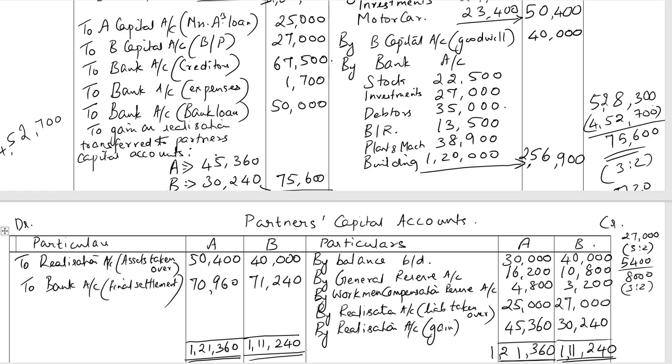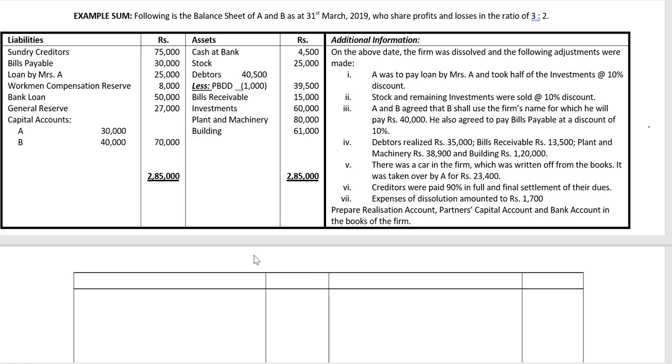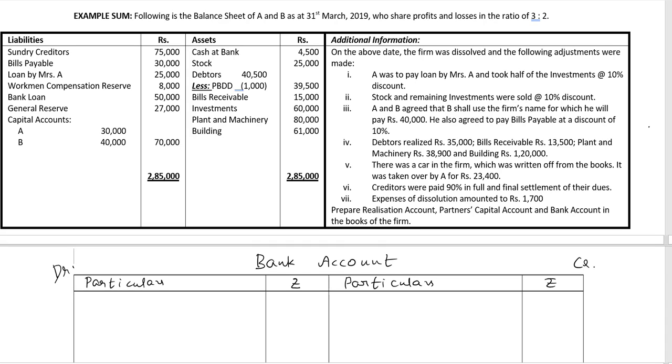Let's prepare bank account next. Bank account. Left side, debit side, right side, credit side. We have particulars, rupees, particulars, rupees. We'll bring down the balance of the bank account.